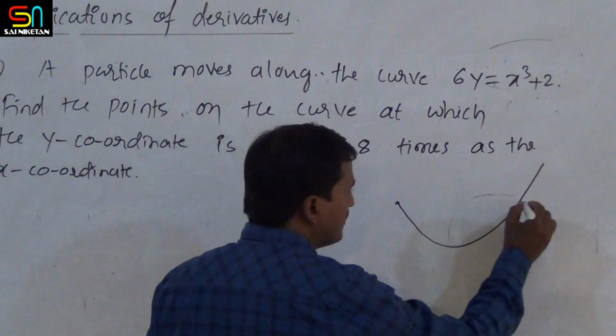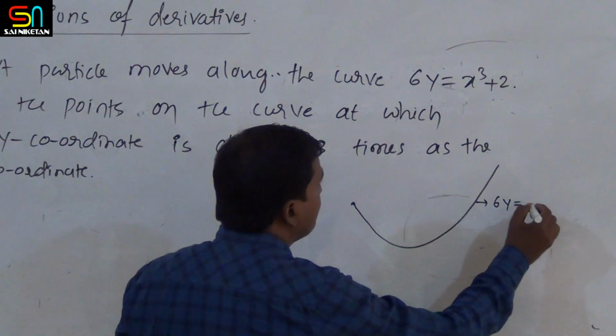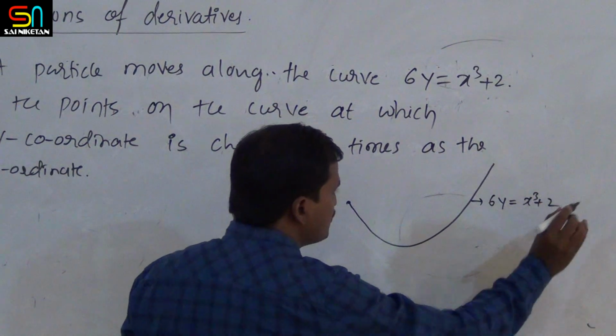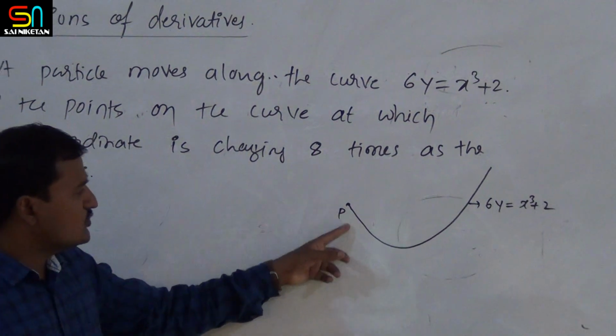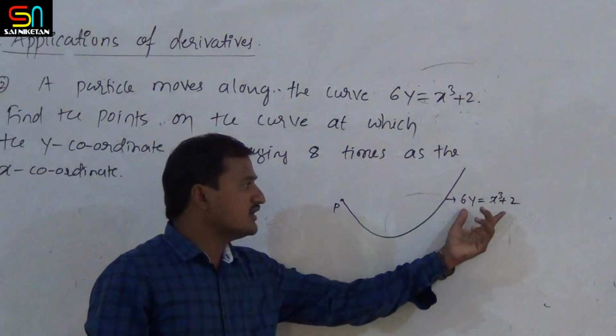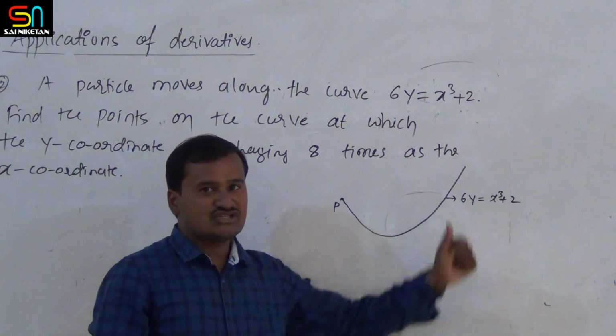This curve is represented by the equation 6y is equal to x cube plus 2.